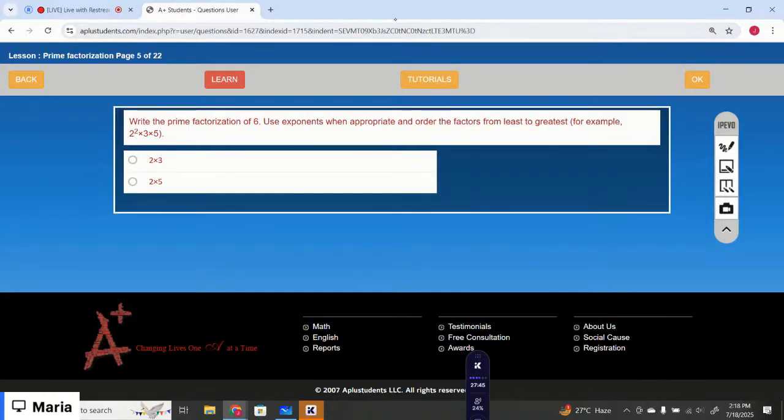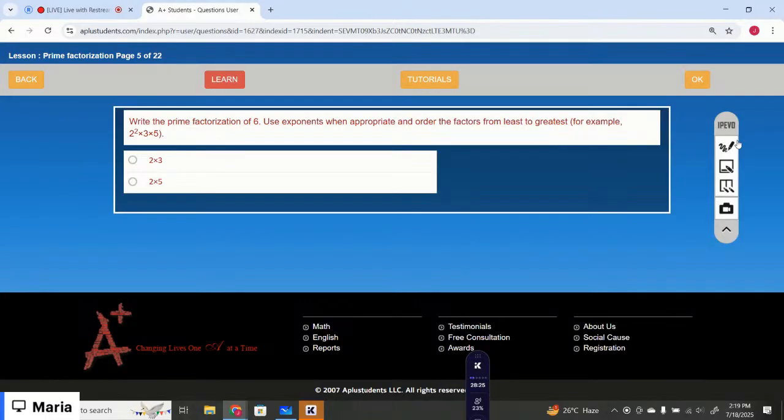Write the prime factorization of 6. Which is the correct option? Very good.